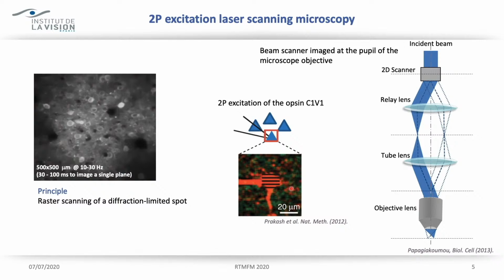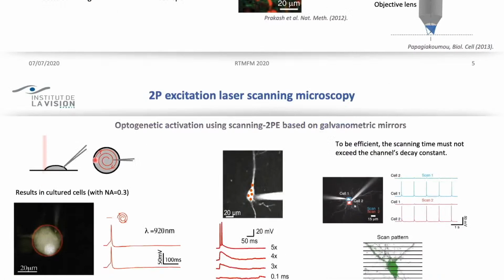However, precise control of neuronal activity by opsins and high-fidelity readout of activity from calcium or voltage indicators often requires higher temporal resolution than what can be achieved by raster scanning based on galvanometric mirrors.